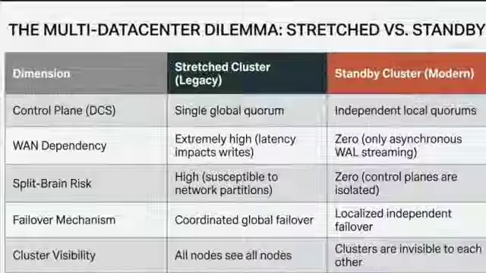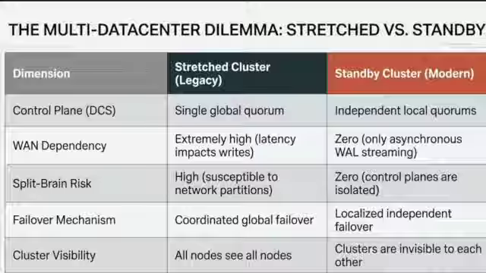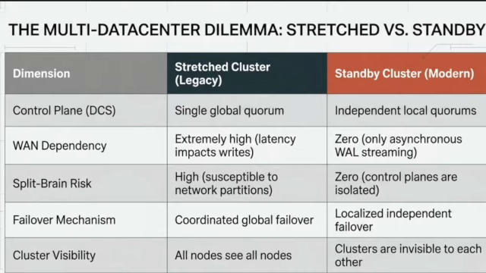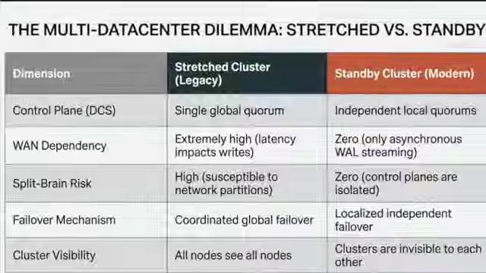That's why we have to keep the global quorum independent, on the DR side as well. Latency impact is extremely high in that case, but with a standby it is low impact. Due to a network glitch, if your nodes cannot communicate, in a single cluster etcd and Patroni may have a port blocked due to network changes and cannot communicate.